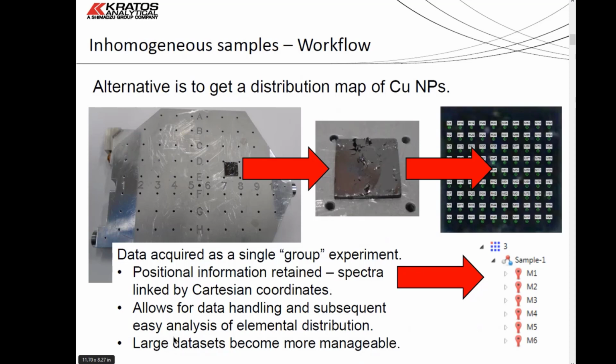The problem with that for these experiments is the logic of the workflow is backward. You need to know what elements you're looking for before you decide to image them, because you need to sit at a single energy point. Whereas here, as Dave said before, we're doing scans at lots of different locations around the surface. So we're setting up a whole array of analysis locations across the surface and macro mapping the whole distribution.